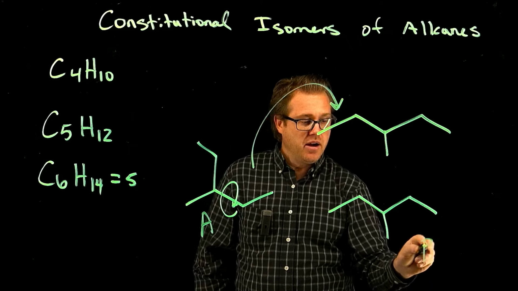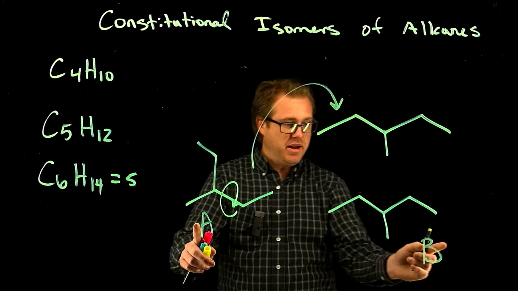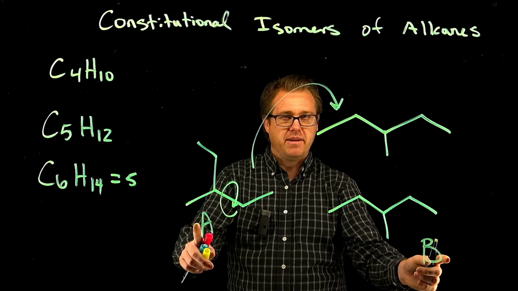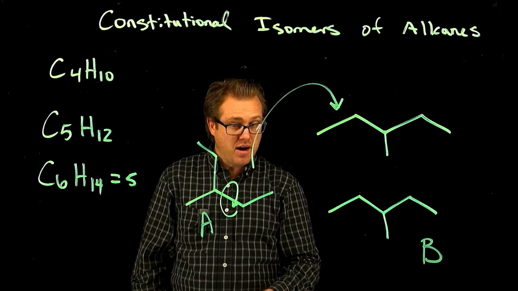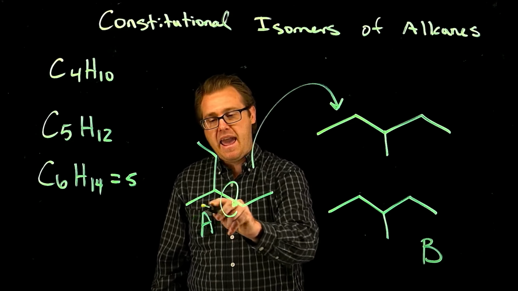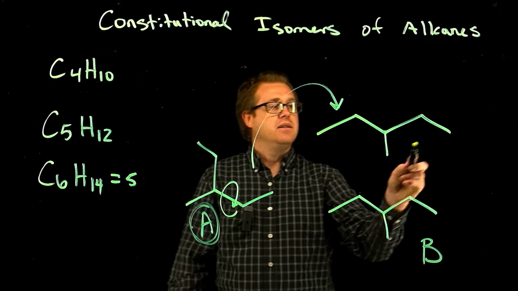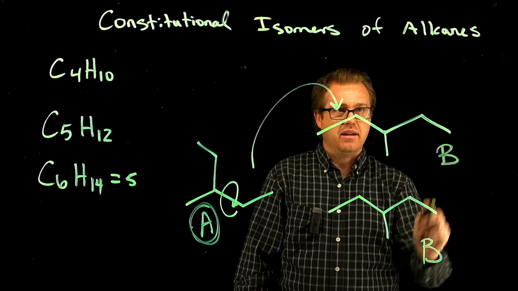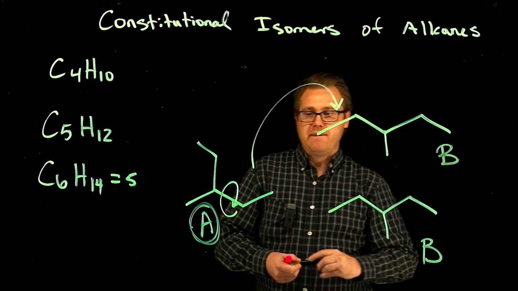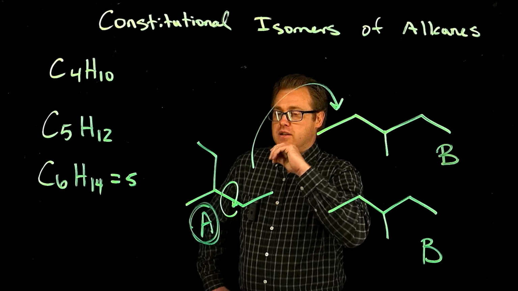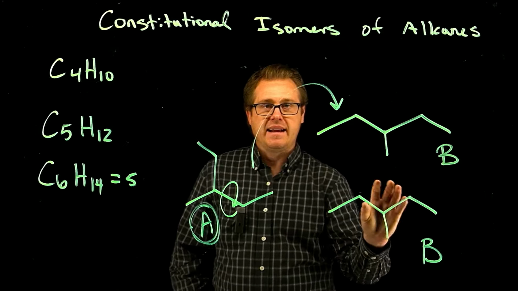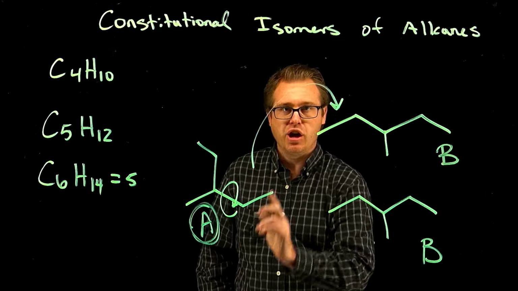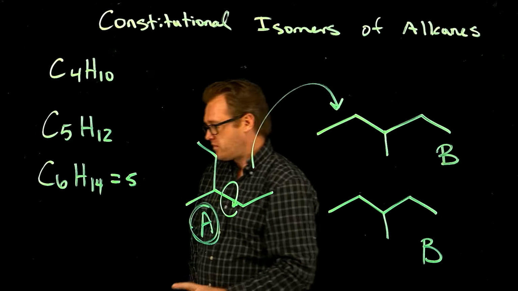And at the beginning, we called this guy B because we're like, A and B are different, but we got to be so careful because if we can twist and rotate around these bonds, we will see that A actually is B. So both of these molecules are the exact same. They are identical. They are not isomers of one another.